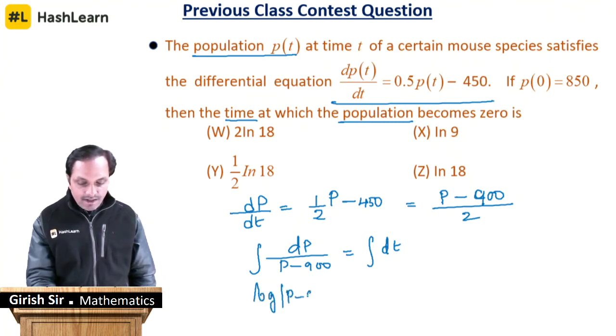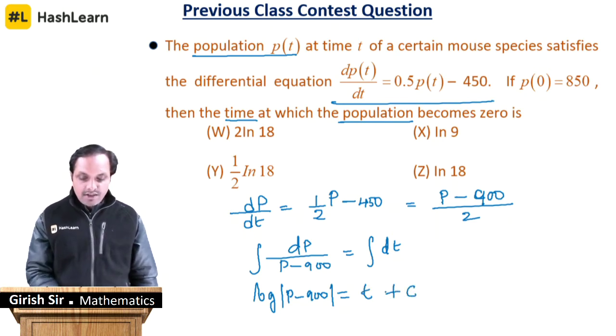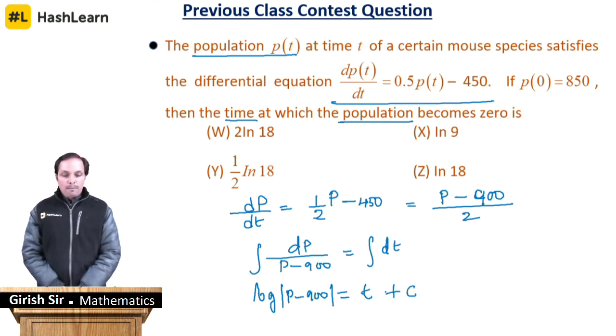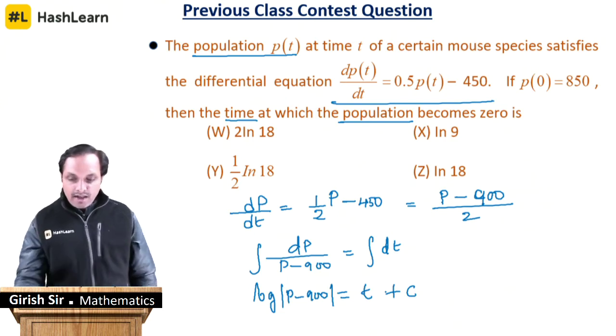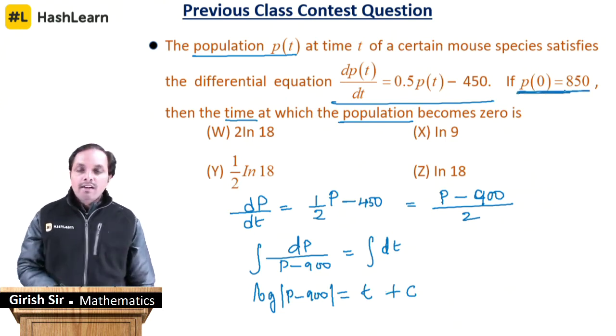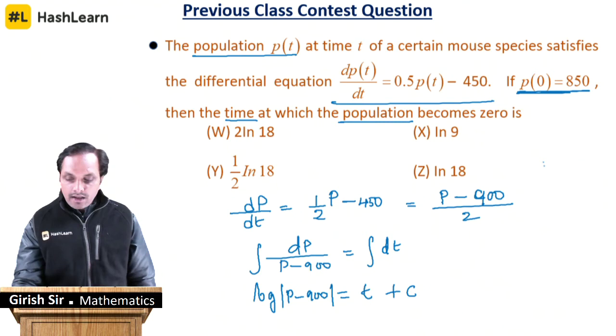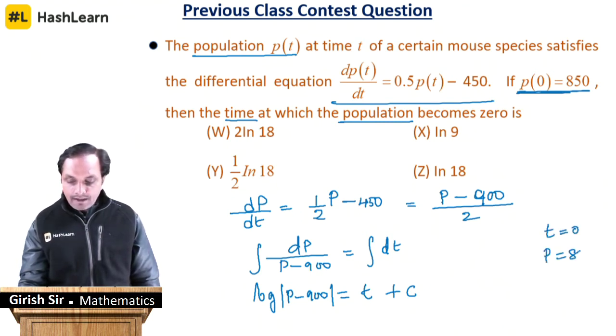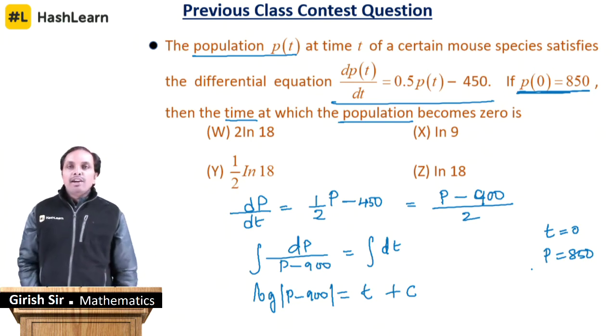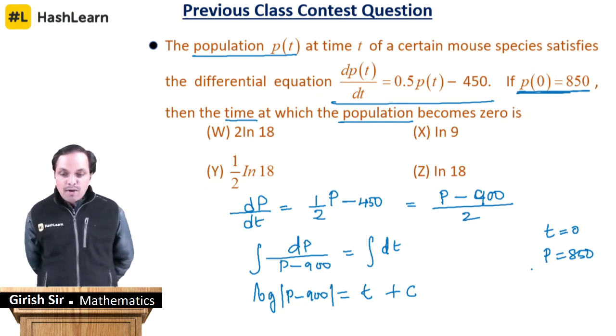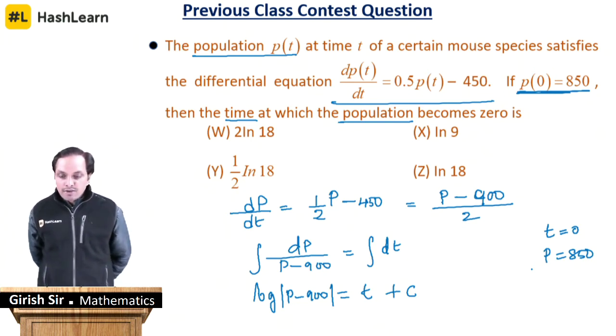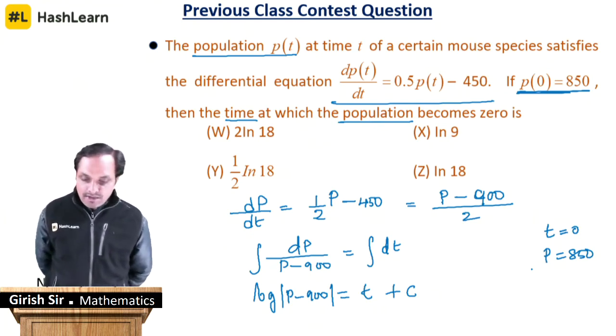Log of p minus 900. Integration of dt is t plus the integration constant c. And here, p of 0 is equal to 850 is given. When t is 0 your p is 850. p of t is nothing but population with respect to time. So when time is 0 your population was 850.